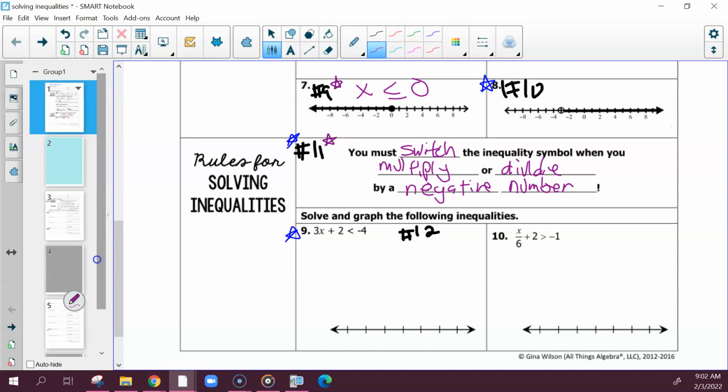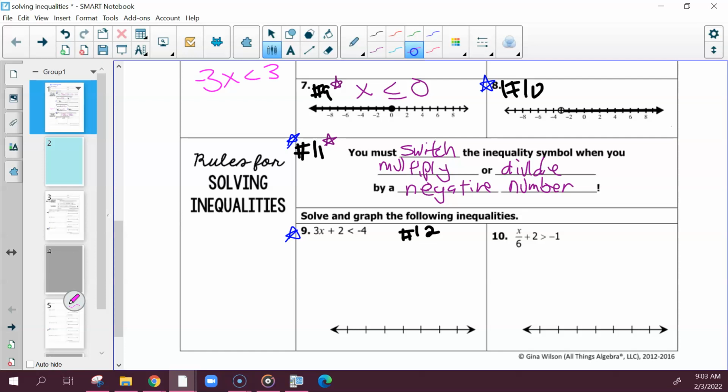So I'm going to give you a couple examples of what that means. Let's say we're at the very last step of solving something and we get something like -3x is less than 3.